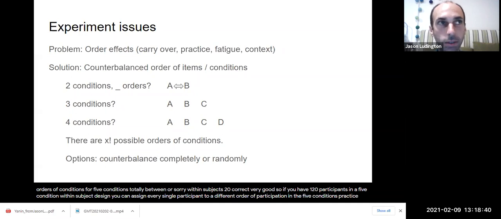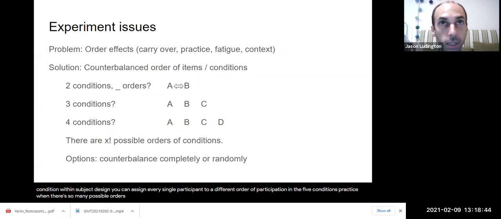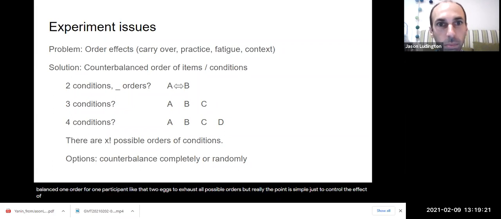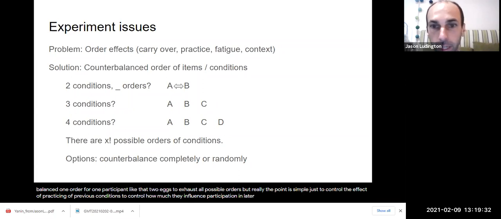However, in practice, when there are so many possible orders, researchers tend to either randomly assign people to random orders, or they do a fully balanced design, one order for one participant, to exhaust all possible orders. But really the point is simple: to control the effect of practicing of previous conditions, to control how much they influence participation in later conditions.